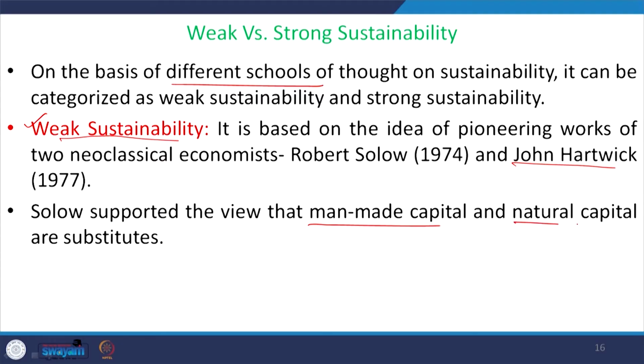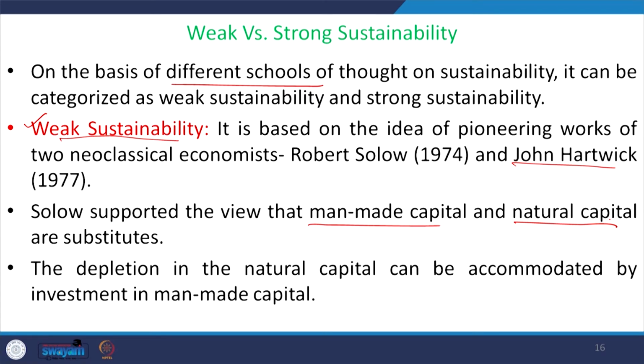So, what is their viewpoint on weak sustainability, or what is the meaning of weak sustainability? The very idea is that man-made capital and natural capital are substitutes. That means, if the amount of natural capital is decreasing, then we can increase the man-made capital to fill the gap of natural capital, and this is possible.